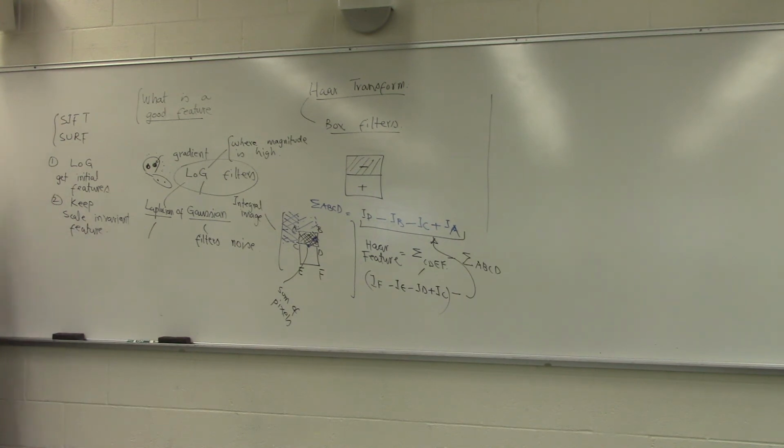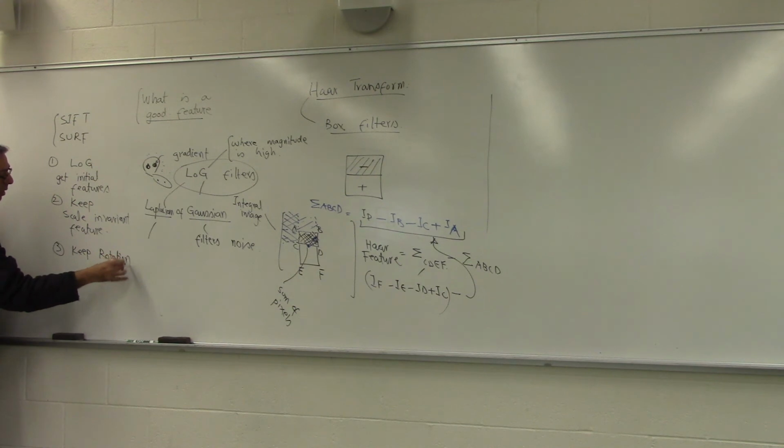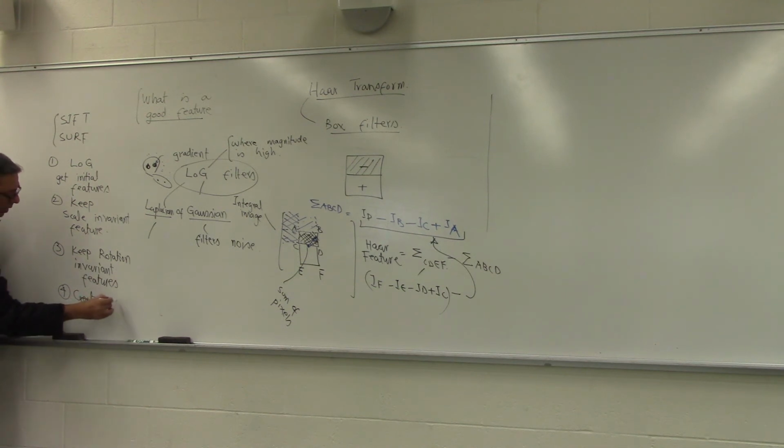And the third part is the rotation. Keep rotation invariant features. And then create a descriptor with the feature.